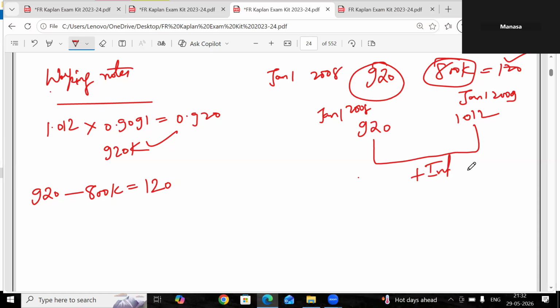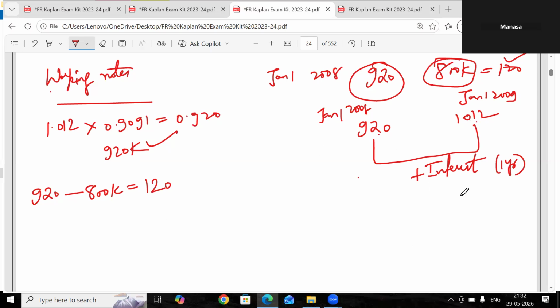Yes or no? Yes, sir. This is the whole 1 year's interest, which will make 920 into 1012. You know how we got this 920: the present value of 1012 is 920. So this will become 1012.